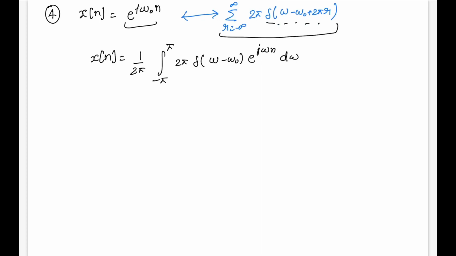As we know that the Fourier transform is periodic in the frequency domain, and the integration limits are over one period, that is from minus π to plus π, that's why we have taken only a single period of delta(ω) here. Okay, so this will be 2π cancels here.